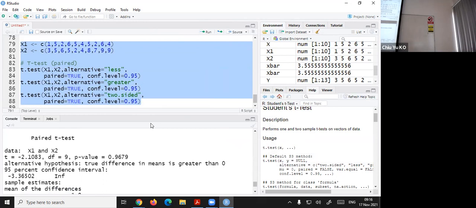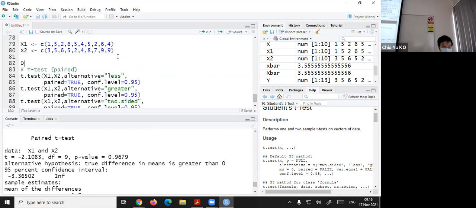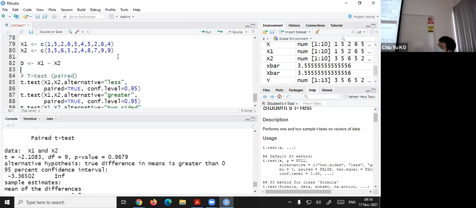Of course, we can do it from scratch. That's not difficult from scratch. Let's do it quickly from scratch here. You can define a variable called d, which is x1 minus x2. And then you can also calculate s, which is the sd of d.